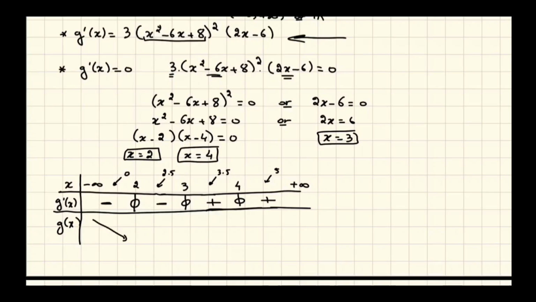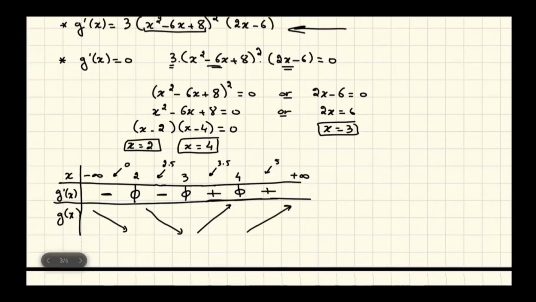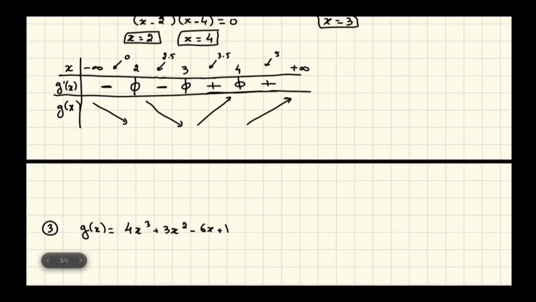So in this case, the function is going down, then down, up, then up. Now, what does this mean? It means at x equals 2 and x equals 4, we can see that the sign of g prime of x is not changing.